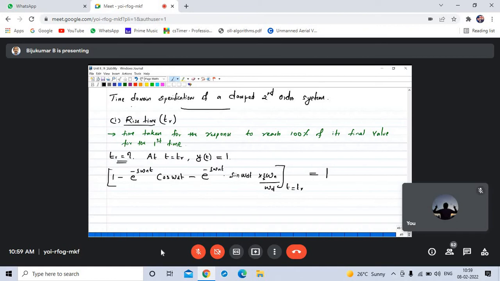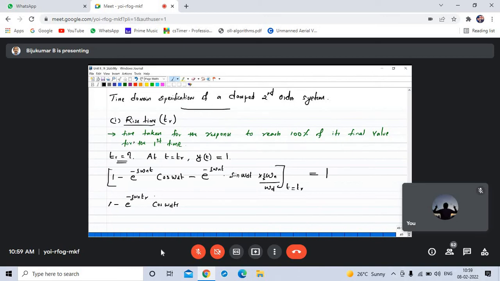So we can rewrite this equation as 1 minus e power minus zeta omega n tr, cos omega d tr.